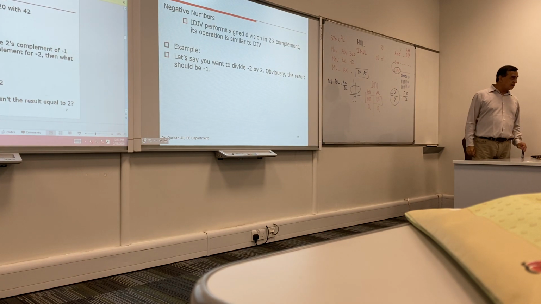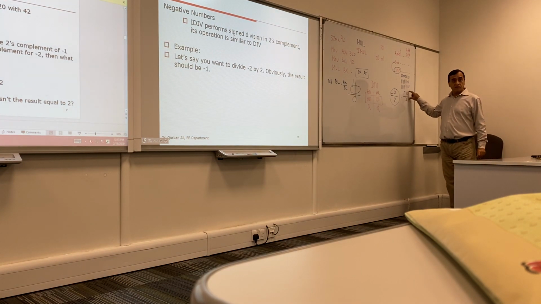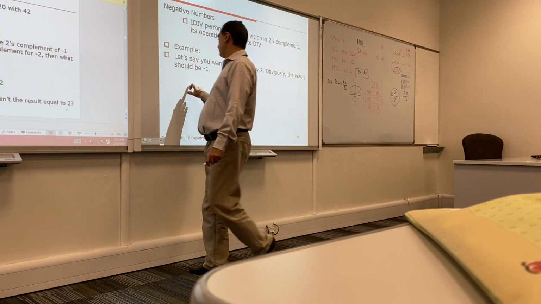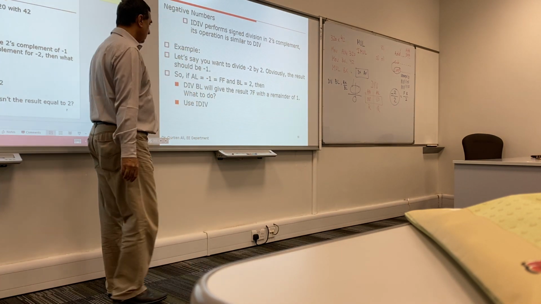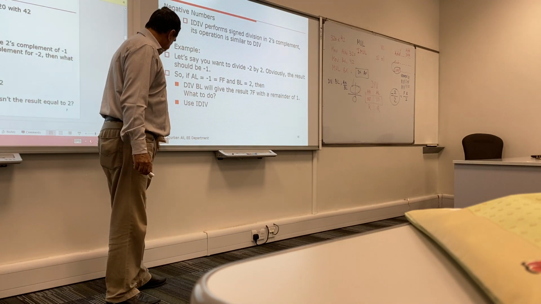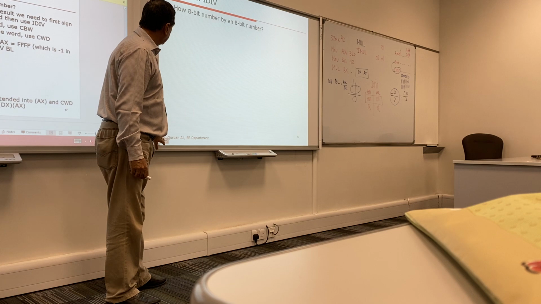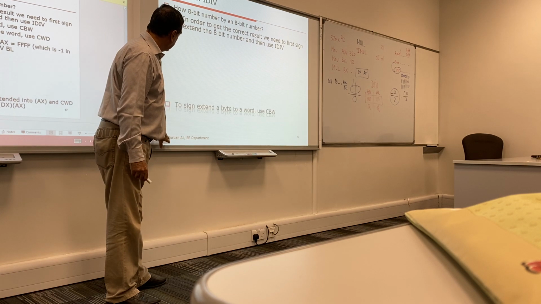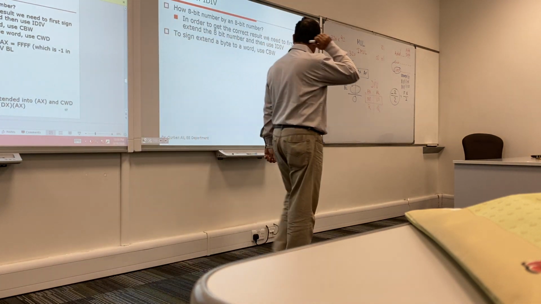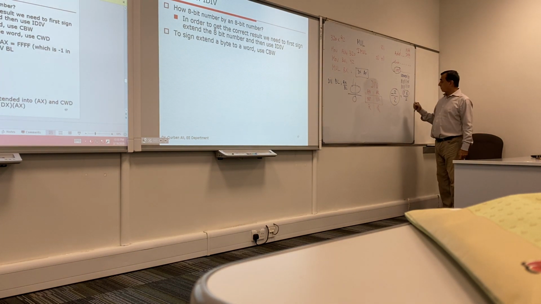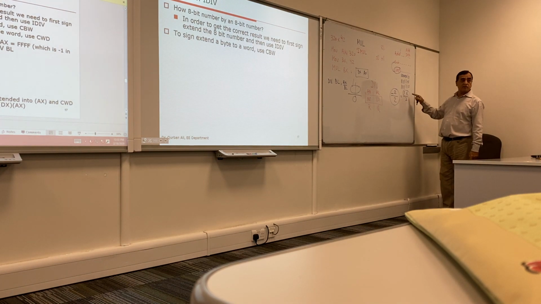But now division says the numerator has to be the double size. The div will not work, we will do idiv, right? So now, this is a byte, and idiv requires this to be the double size.